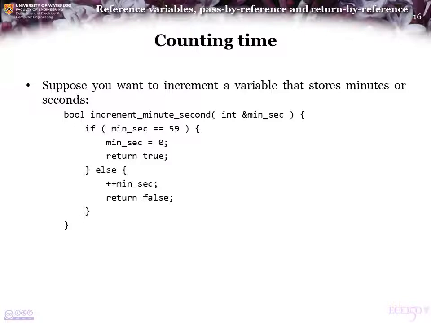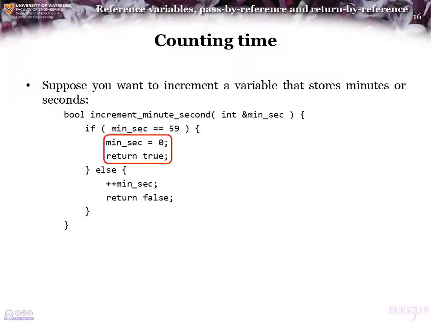However, we're going to return true or false based on whether or not the end of a particular minute or hour has occurred. So we're going to pass a local variable by reference that is storing the number of minutes or the number of seconds.